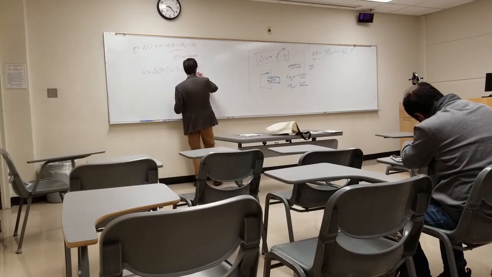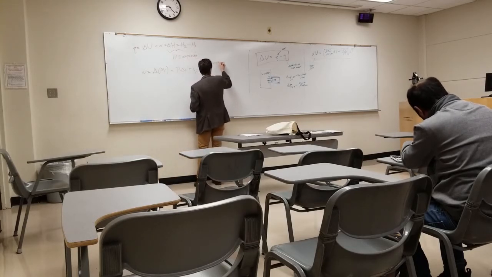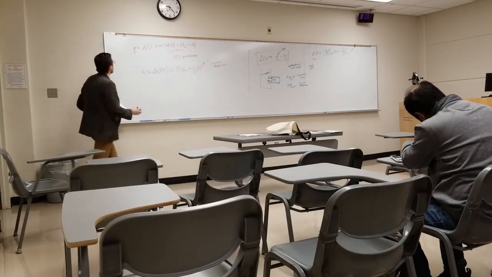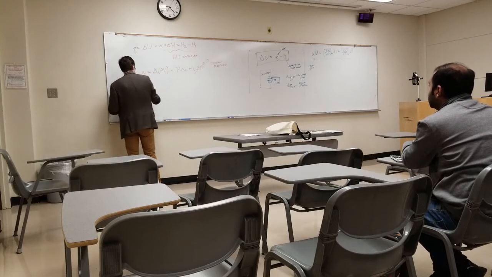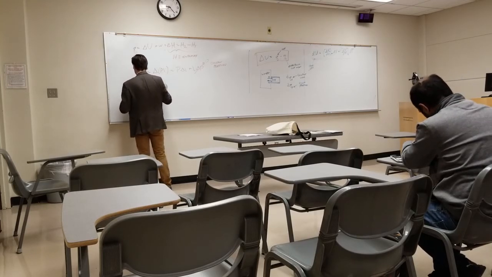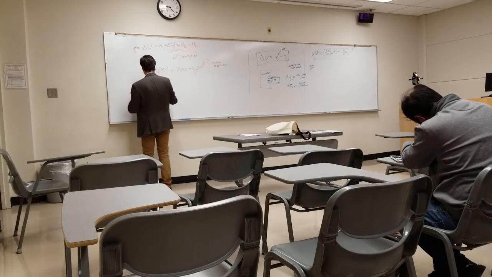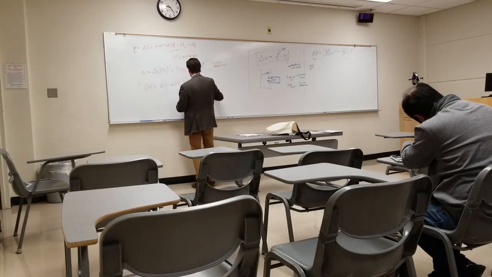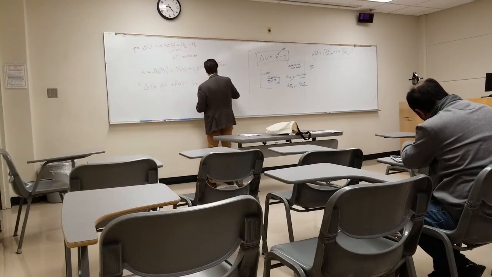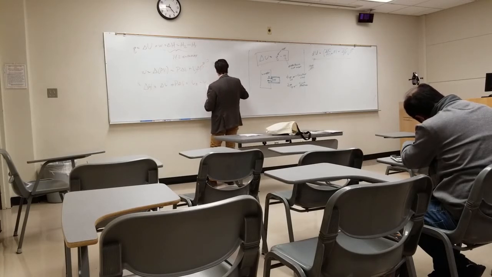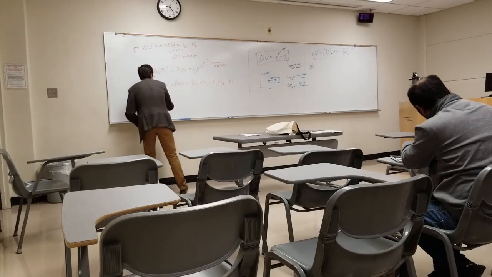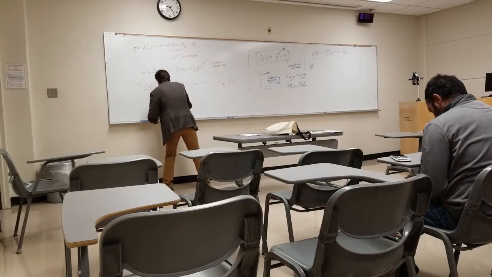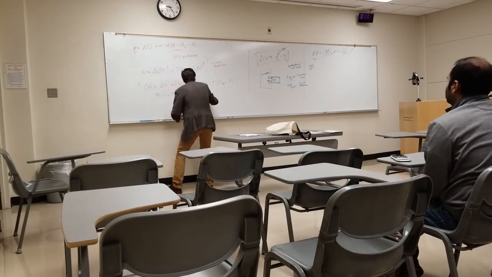We say that at constant pressure our delta P goes away, and that means that now we can write this as delta H is equal to delta U plus P delta V, which is equal to U2 minus U1 plus P V2 minus P V1, which is equal to U2 plus P V2 minus U1 plus P V1.